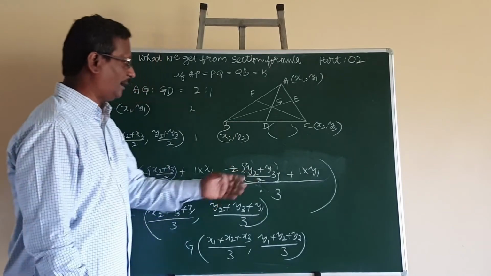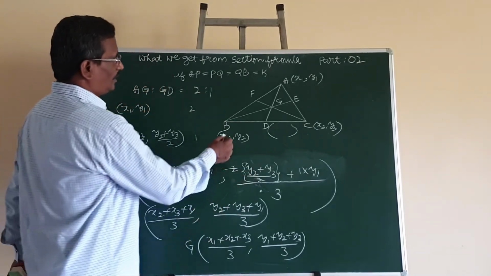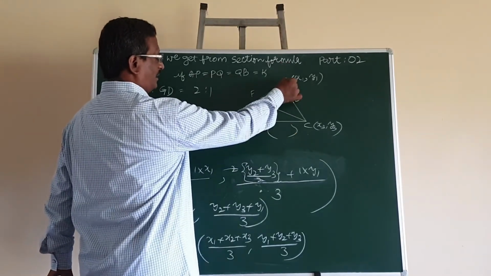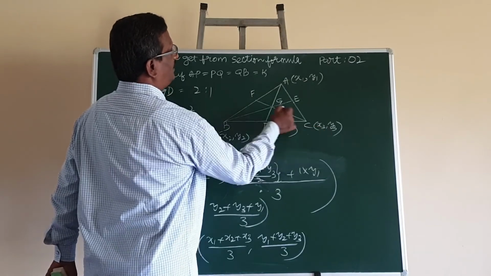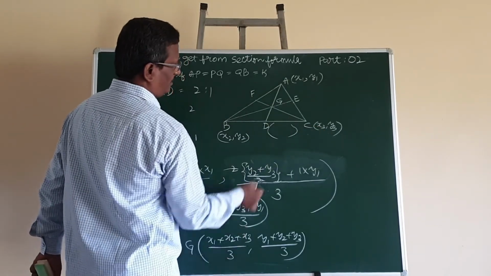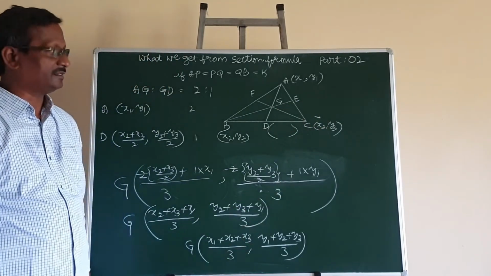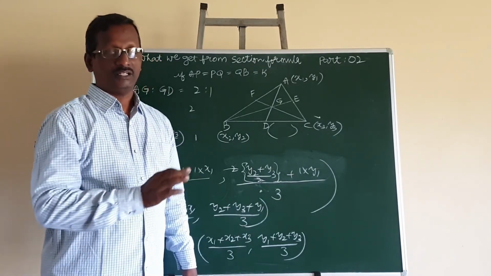In that case, apply the formula. In the same formula, take the given coordinates of A and B, let the coordinates of C be (x, y), and substitute in the formula. You will get the unknown value, the coordinates of point C. That is a simple application of the section formula.